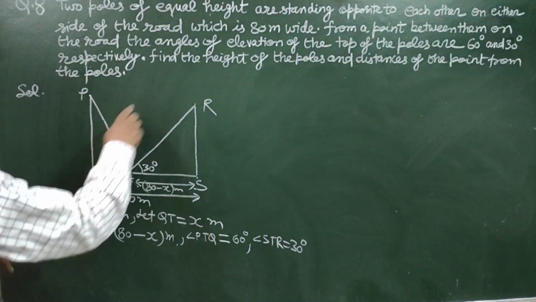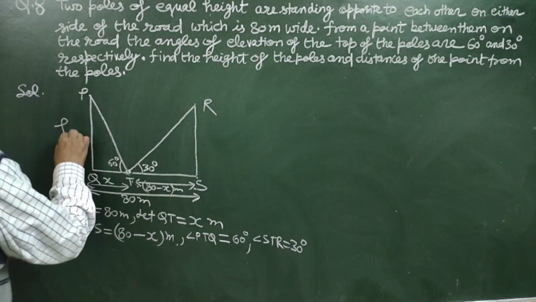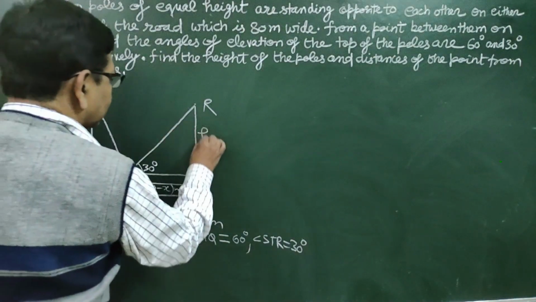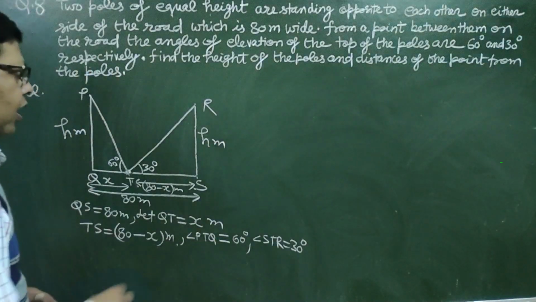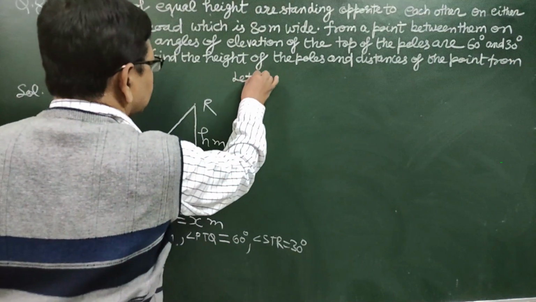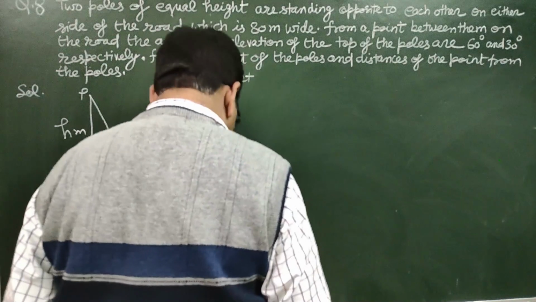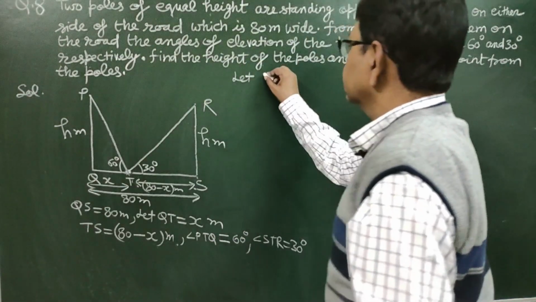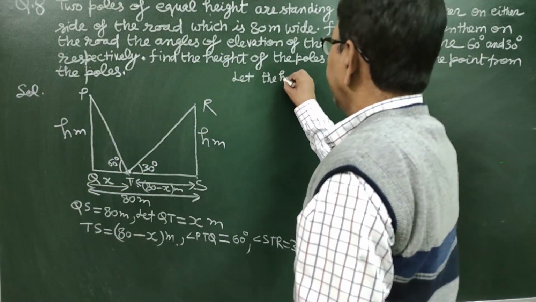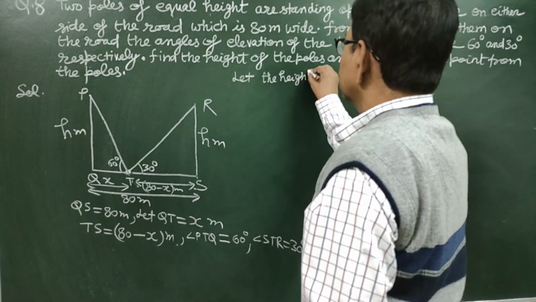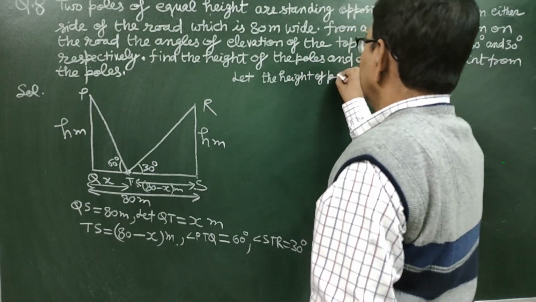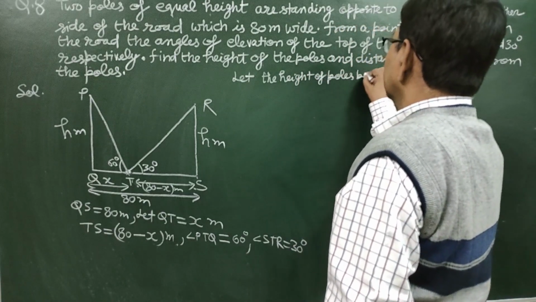Let the height of the two equal poles be h meters. This is h meters, and this is also h meters.